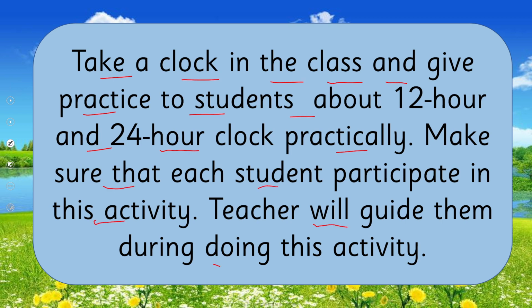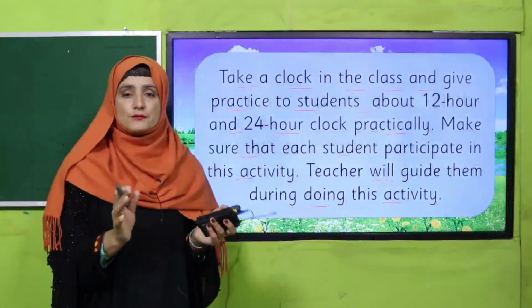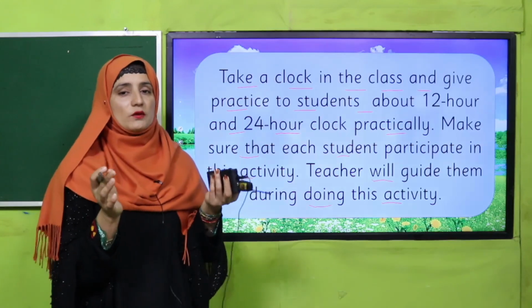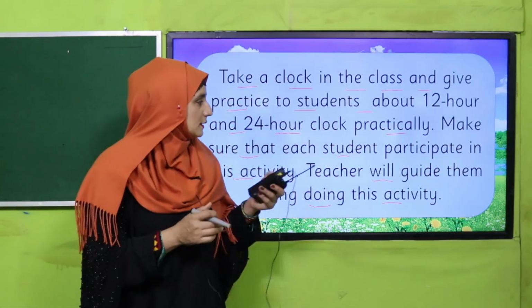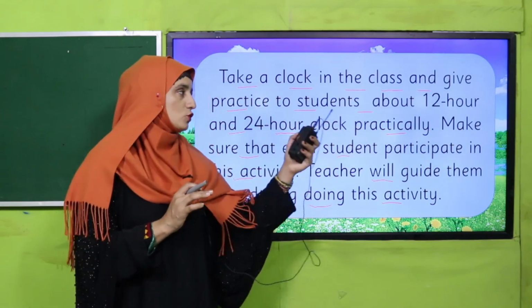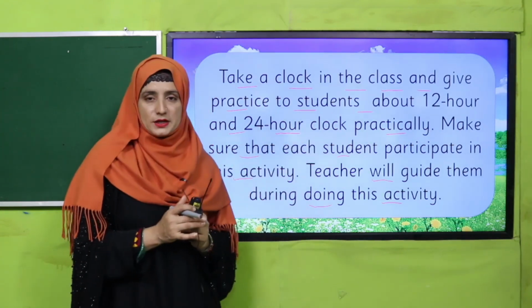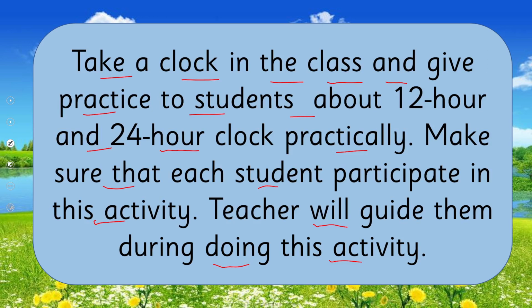The teacher will guide them during this activity. You show a clock and students will find the time in 12-hour and 24-hour format, and you will guide them properly. So enjoy the activity in your class and then come back.